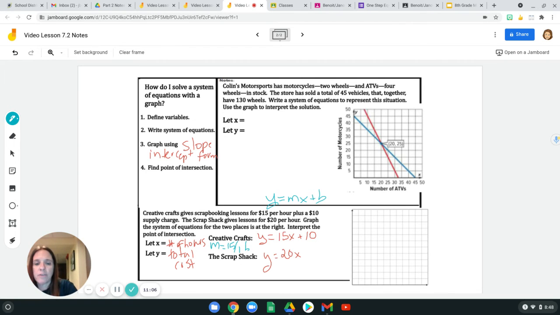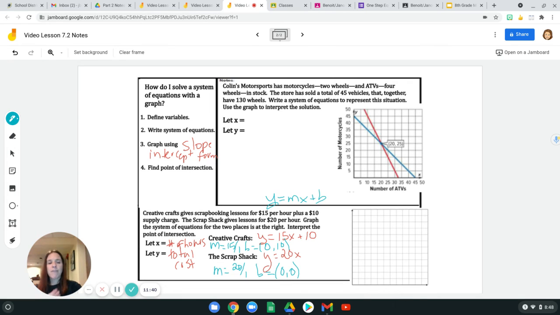And our y-intercept is a positive 10. Now the Scrap Shack, we know that our slope is 20 over 1. It's $20 per hour. And our y-intercept, we have nothing being added or subtracted because there's no supply charge. There's nothing, and we represent that with the origin. That's at 0, 0. Okay.